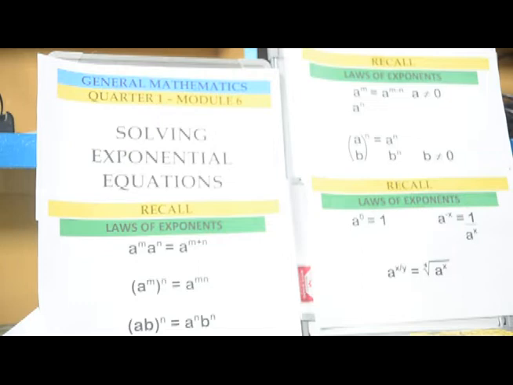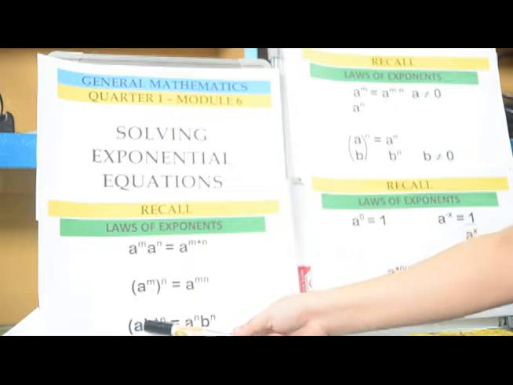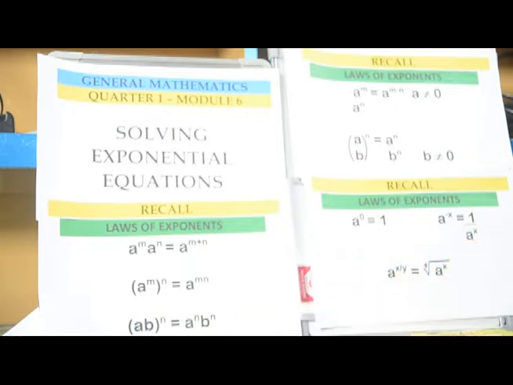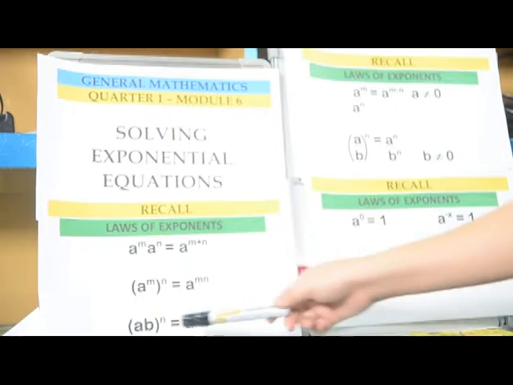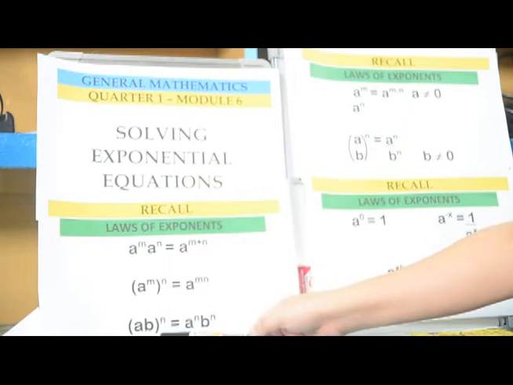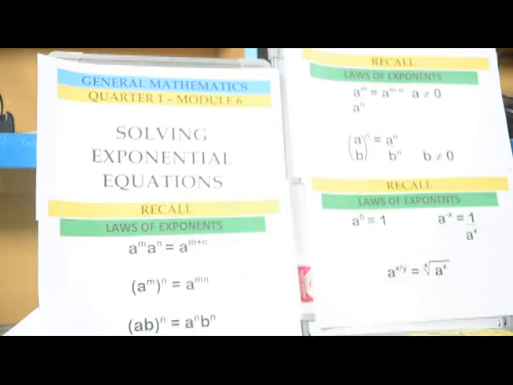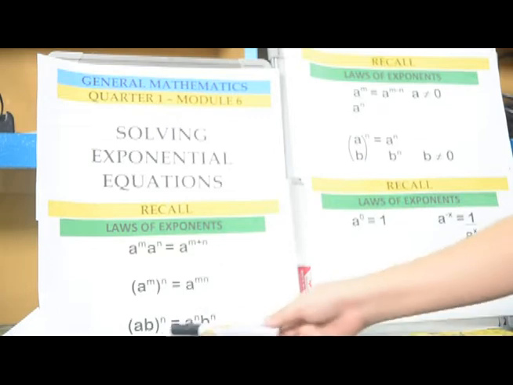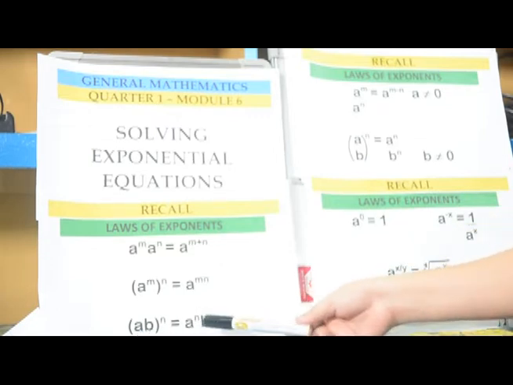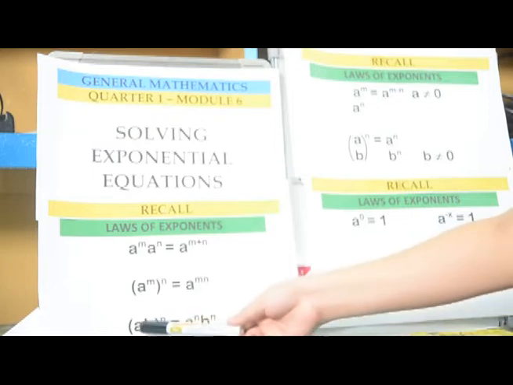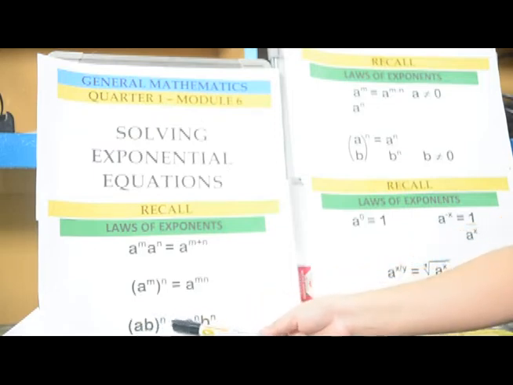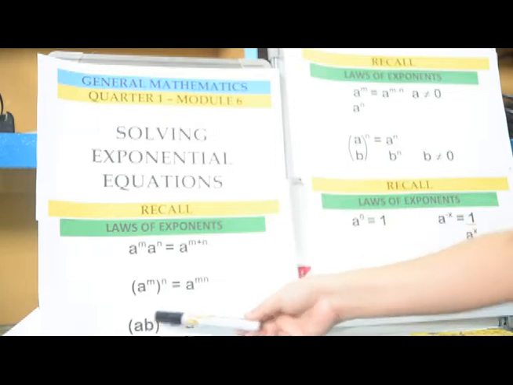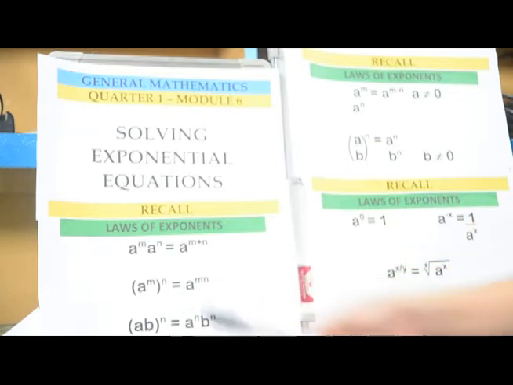And then third, in the laws of exponents, we also have a and b, where a and b are real numbers and the product is being raised to an exponent of n. So what are you going to do with that? Simply, each of the real numbers serves as a coefficient. You raise each to its power. So that is equal to a raised to the power of n times b raised to the power of n.